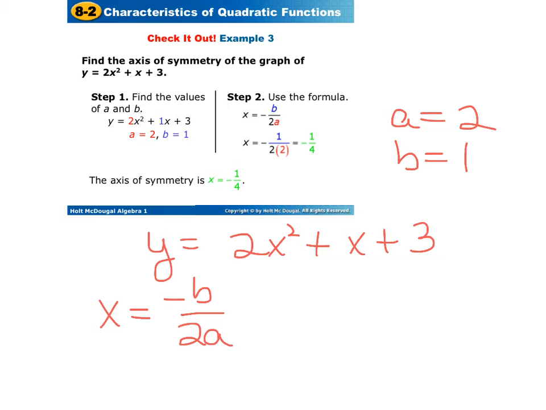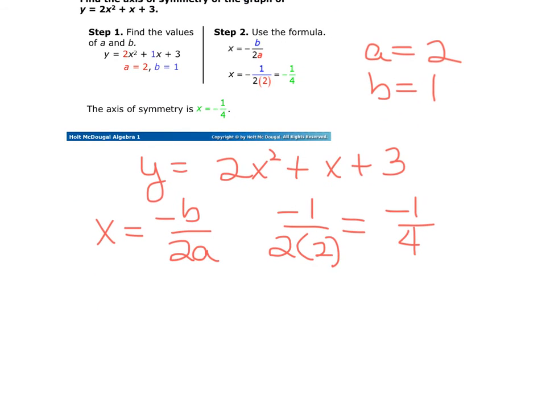My b is positive 1, so I'm going to make it negative 1. My a is 2, so I get negative 1 over 2 times 2, which is 4. So negative 1/4, so my axis of symmetry is negative 1/4.